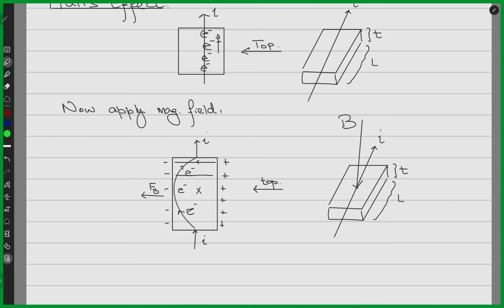So this is from positive to negative. These are the lines for the electric field. Okay, up until this point, everyone agrees with what's happening? Yes, sir. Okay, all right.